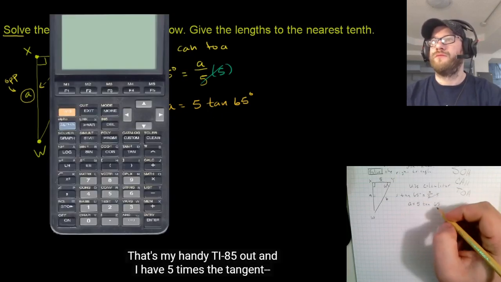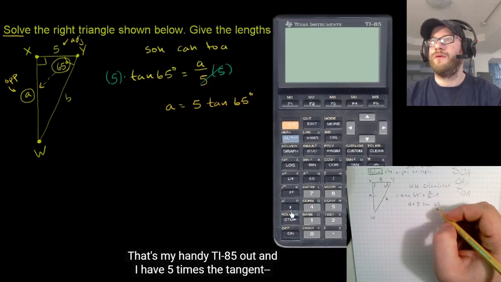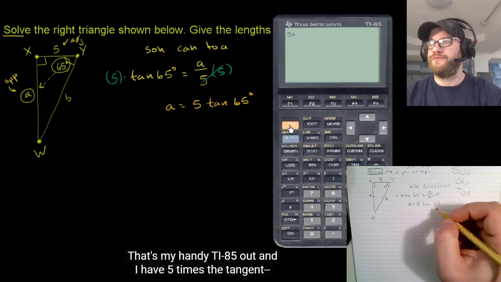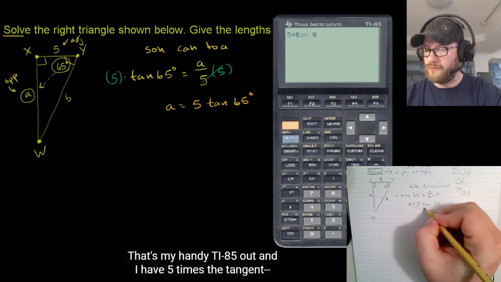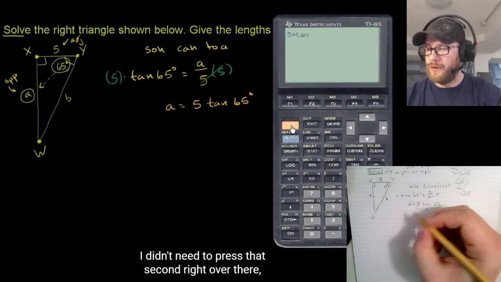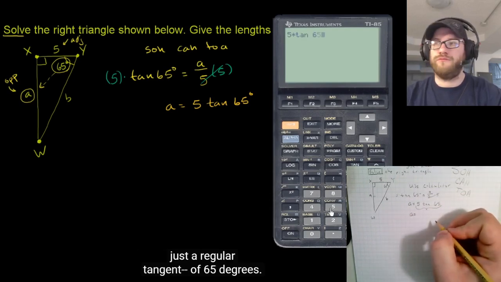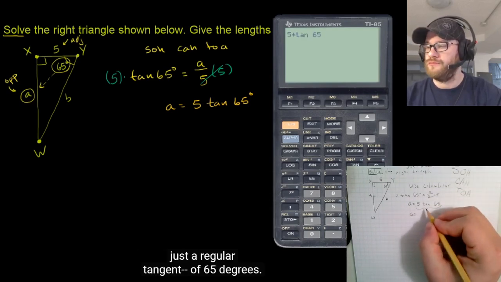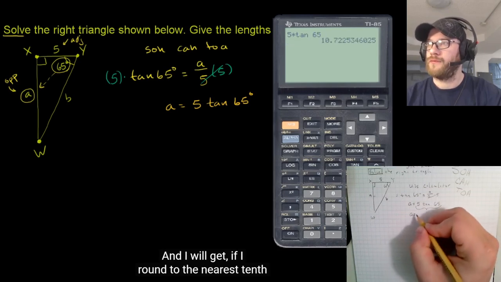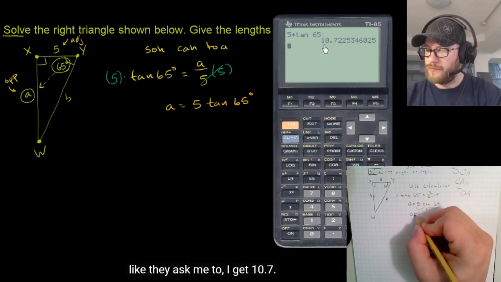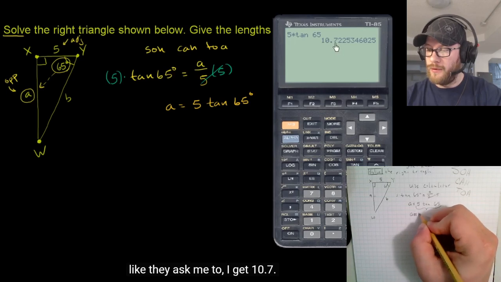Get my handy TI-85 out, and I have 5 times the tangent. No, I didn't need to press that second, just the regular tangent of 65 degrees. And if I round to the nearest tenth, like they asked me to, I get 10.7.